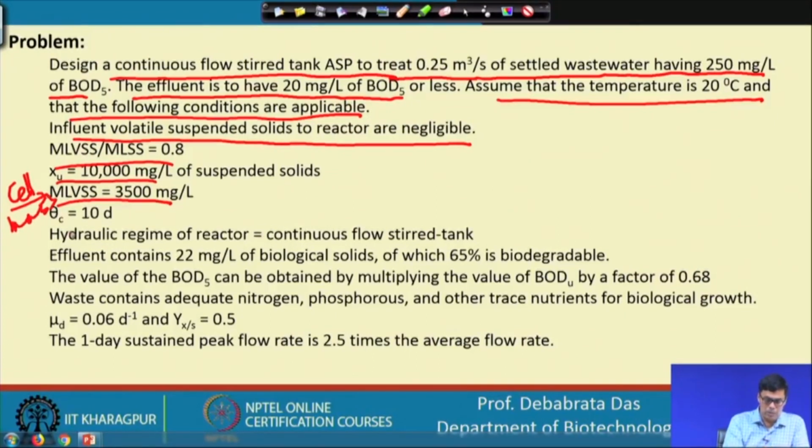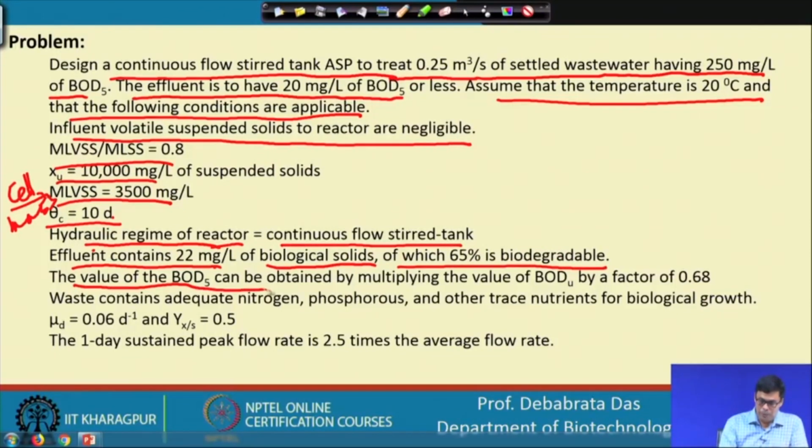This is the cell mass concentration. Theta c is the solid retention time. This is the hydraulic retention time of the reactor, equal to a continuous flow stirred tank reactor. The effluent contains 22 milligram per liter of biological solids, which are 65% biodegradable. The value of BOD5 can be obtained by multiplying the BODU, the ultimate BOD, by a factor of 0.68.